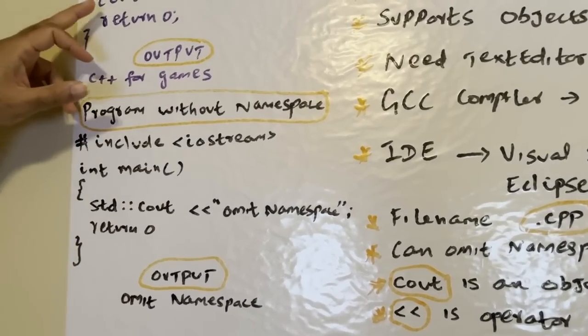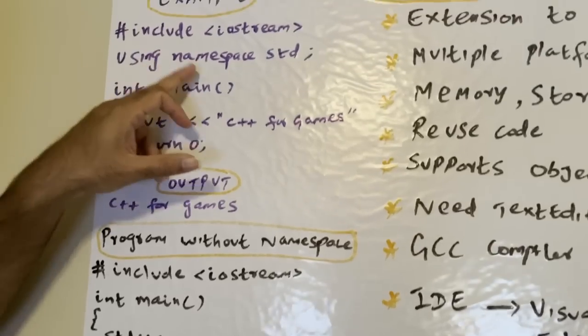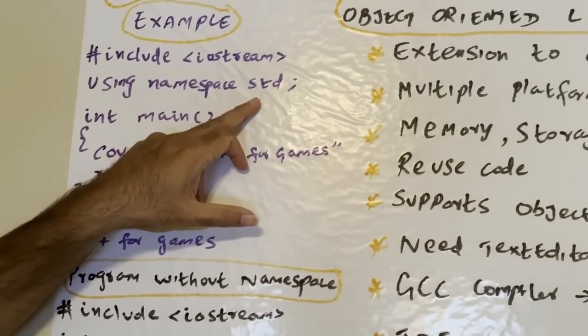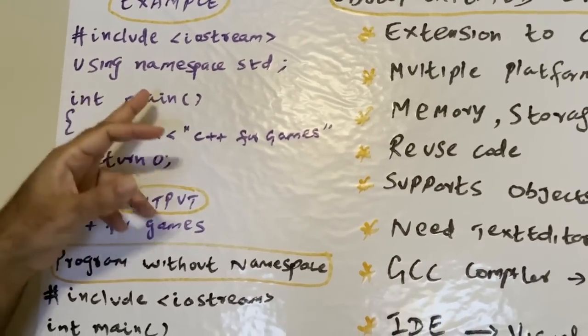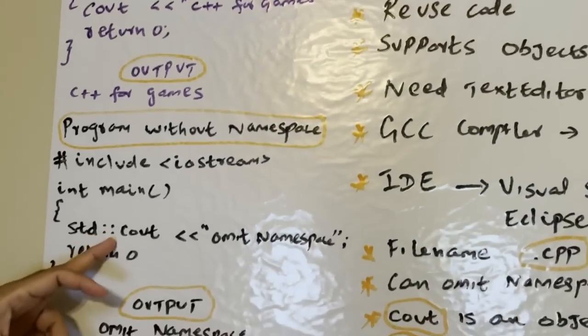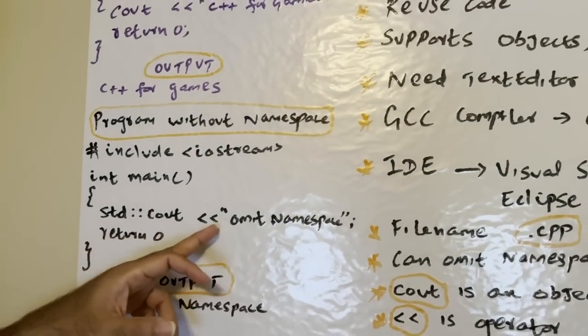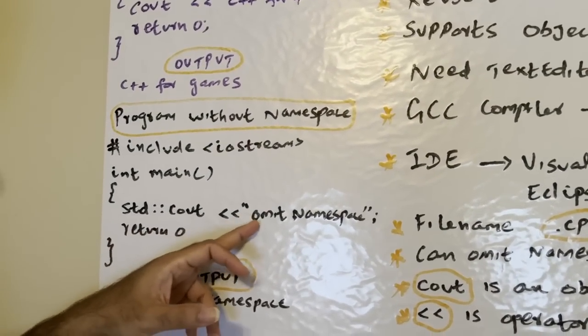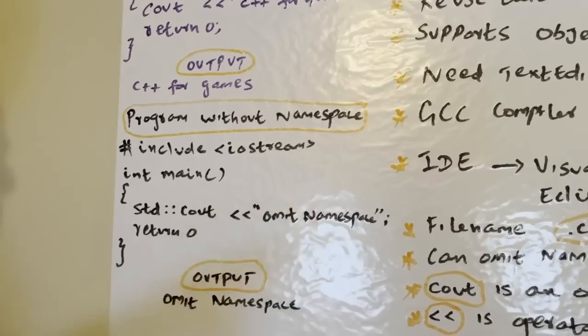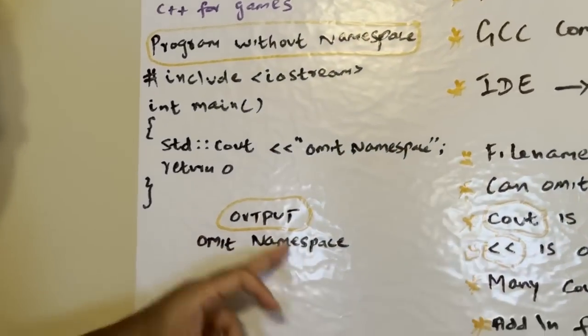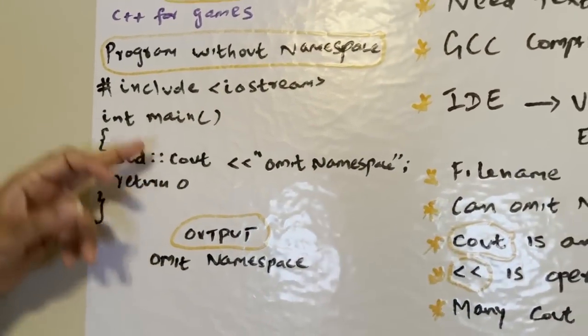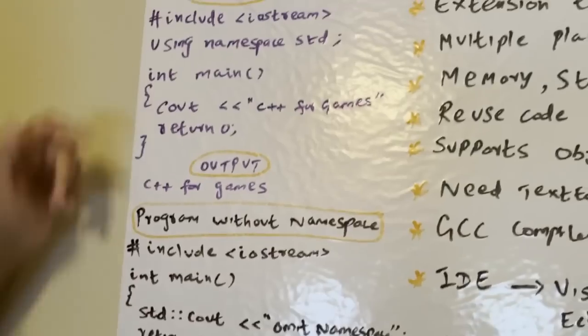And here you can see I have omitted the using namespace std. So the syntax is a little different. You're saying std::cout with the insertion operator. This is the message, omit namespace. So the output will be omit namespace. Return 0. So we saved one line of code.